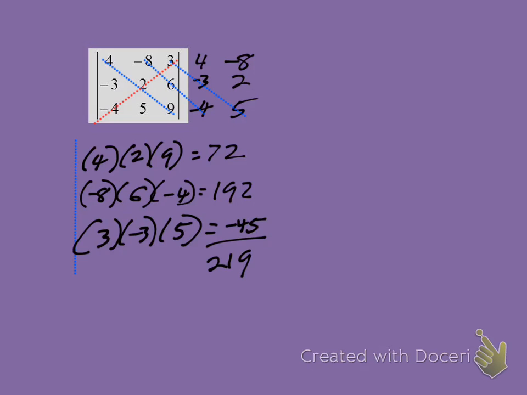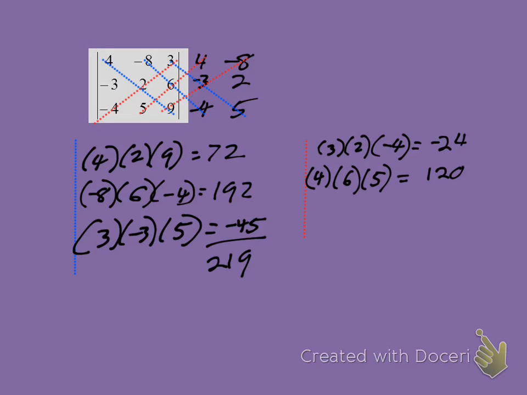And then you do the exact same thing. Okay? So you go 3 times 2 times negative 4. So what, negative 24? Four, 6, and 5. Which is 120, is that right?